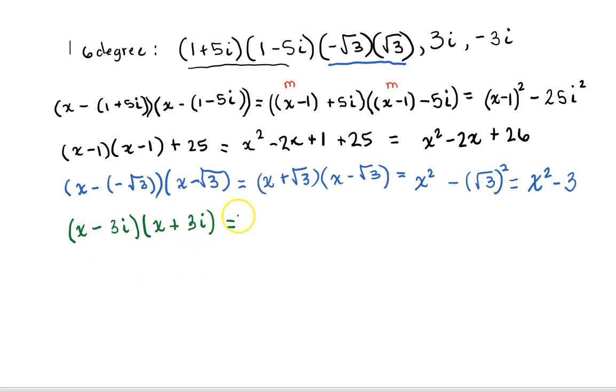Now I'm going to do this multiplication. I'm going to have an x squared and a minus 9i squared, which means I have x squared plus 9.